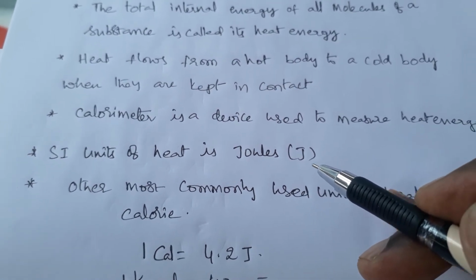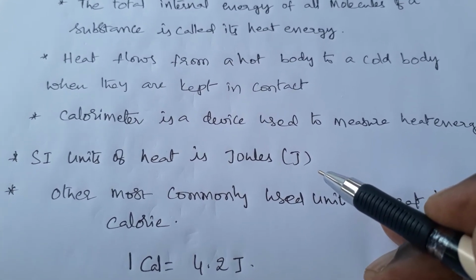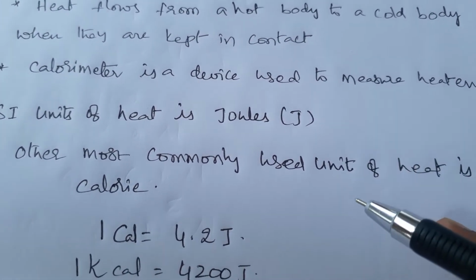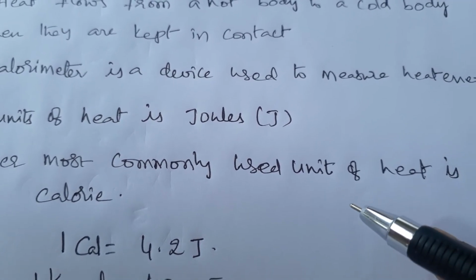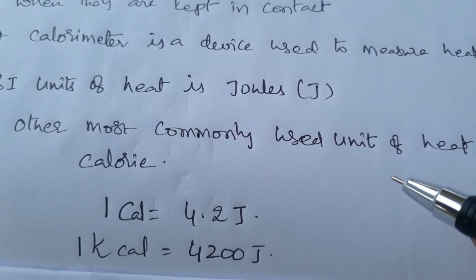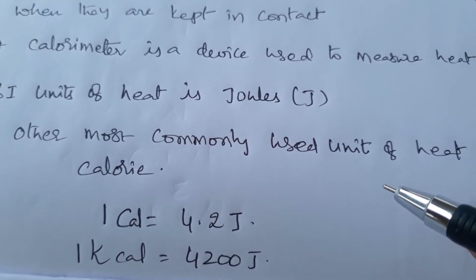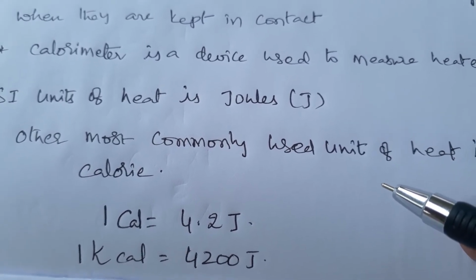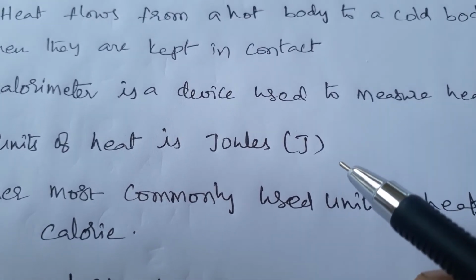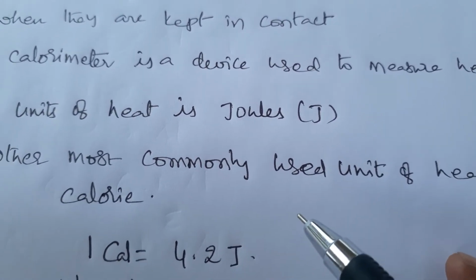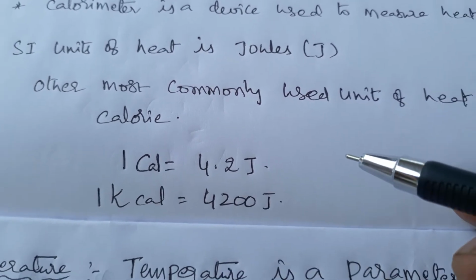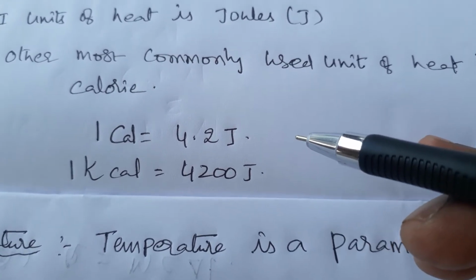The SI unit of heat is the joule. The other most commonly used unit is the calorie. The SI unit is joules, and the commonly used unit is the calorie.